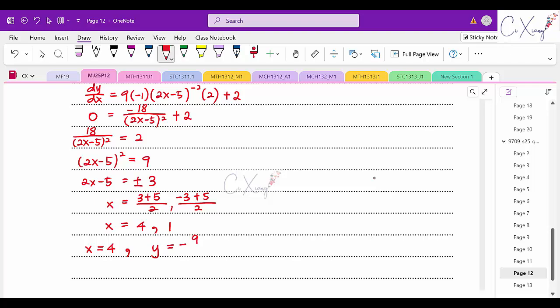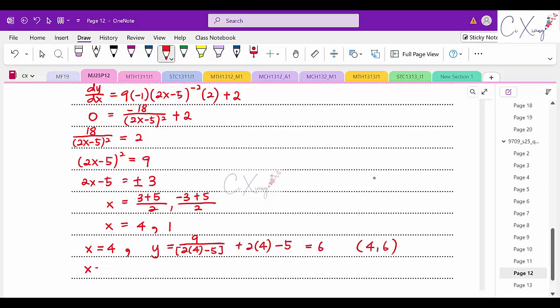So 9 over (2 times 4 minus 5) power 1, then plus 2 times 4, then minus 5. Okay, so you try and see that when you simplify everything, by right, if you didn't do any careless mistake, you should be getting a 6. So (4, 6) is one of the stationary points.